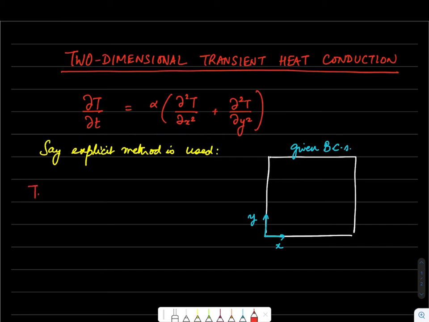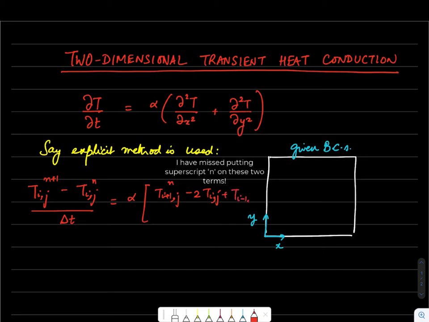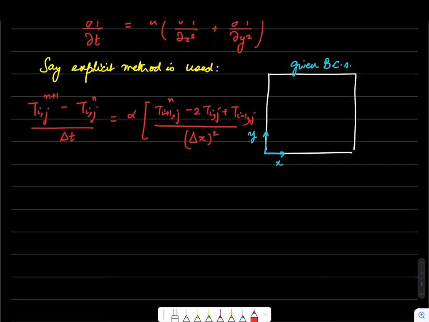We can write (T_ij^(n+1) - T_ij^n)/delta t would be alpha times (T_(i+1)j at n - 2T_ij + T_(i-1)j)/delta x squared plus (T_i(j+1) at n - 2T_ij at n + T_i(j-1))/delta y squared.